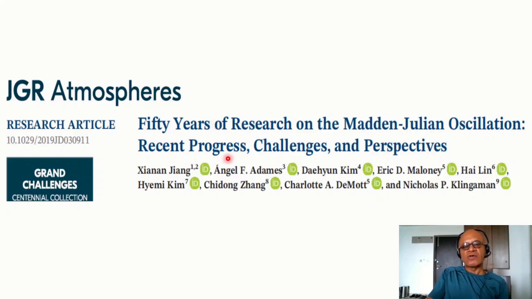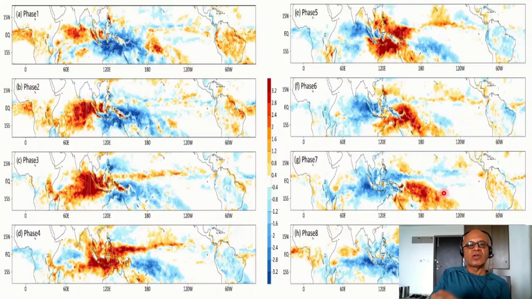I will record a few podcasts on this. Xianan Jiang is leading it, but there are all the other big names: Adames, Kim, Maloney, Chidong Zhang, Charlotte DeMott, and Klingaman, and so on.